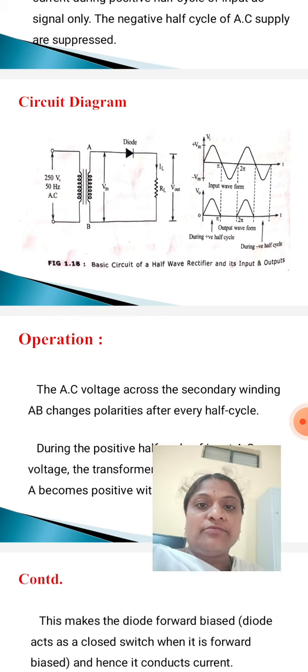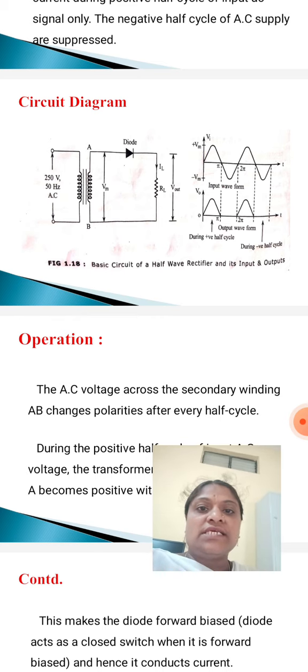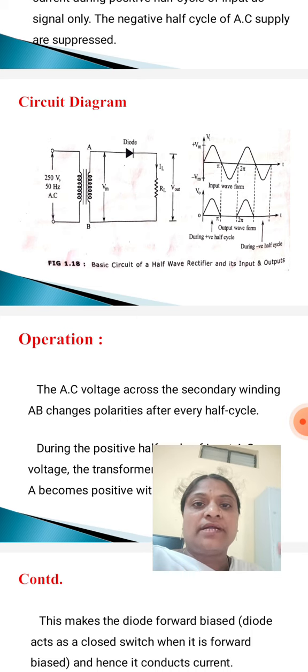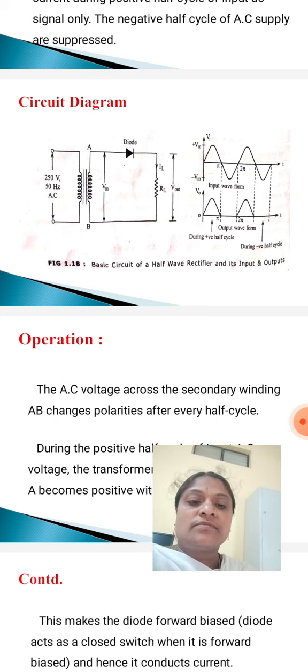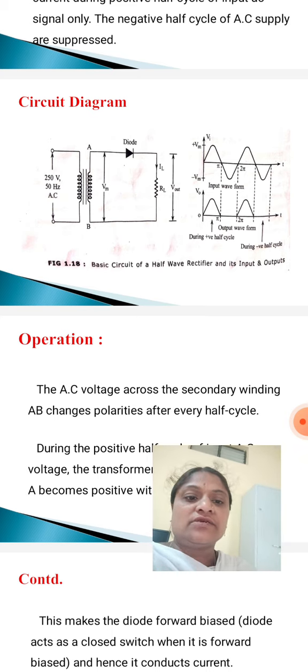A 250 volts, 50 Hz AC input signal is applied at the primary of the transformer. Okay, so this signal goes to the secondary winding by mutual induction.